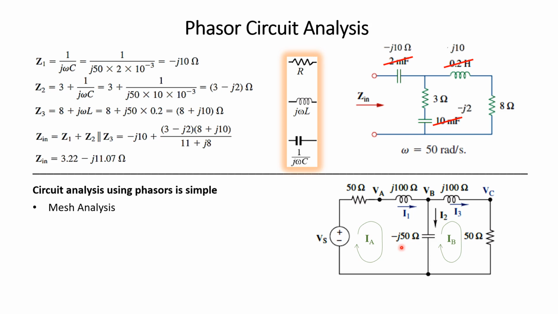Note that we can show it as minus J over omega C, or 1 over J omega C. So we have to take it as such, minus J50.